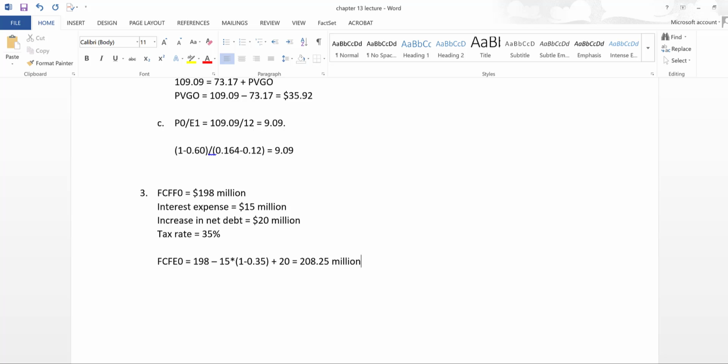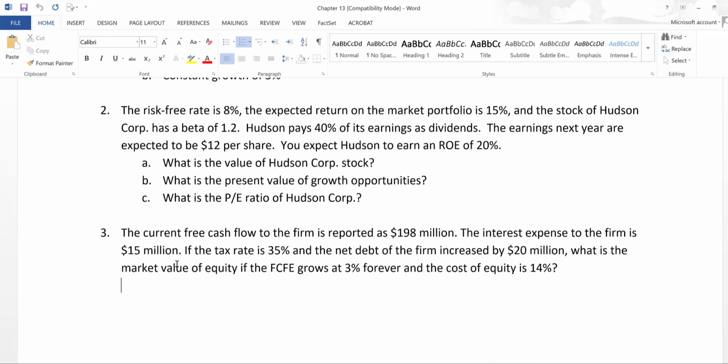Then we need to compute the market value of equity. The assumption is FCFE grows at 3% forever, so this is a constant growth model. The same idea of constant growth that we use for dividends, we can use for FCFE.